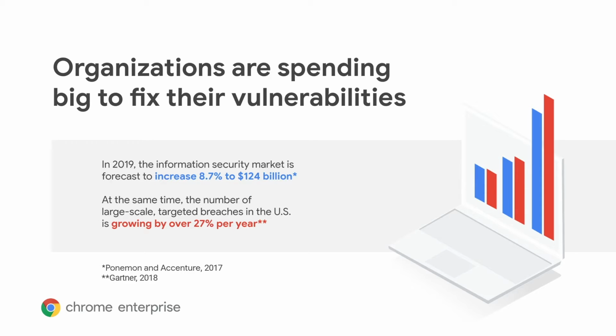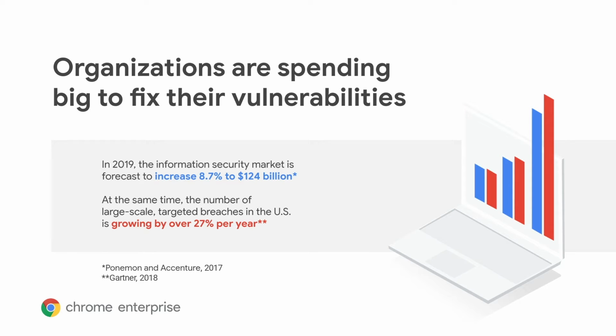So let's also talk about the material impact it has on businesses as they try to address these vulnerabilities. Year over year, security companies have new software offerings out in the environment, and companies are increasingly buying software to help protect against these threats. So the security market is forecasted to increase about 9% in the following year here in 2019.